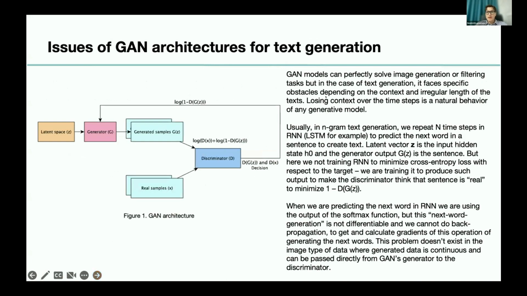GAN networks can perfectly solve generative tasks for images, but for text generation, they have some issues. Usually the most important issue is that GAN networks cannot work with discrete data, because in text, when we usually use an n-gram approach, we add word by word in an absolutely separate mechanism.